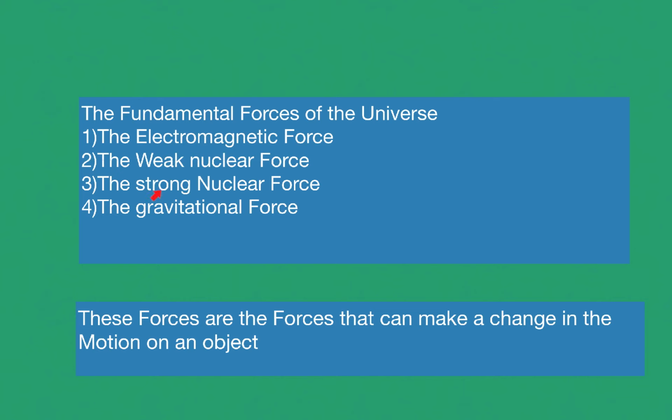And the other force is the strong nuclear force. The strong nuclear force is the force that maintains protons and neutrons in the nucleus without any repulsion. Proton and proton will have a force of electromagnetic repulsion. So the strong nuclear force will maintain the protons and the neutrons together inside the nucleus of the atom, even if they have repulsive electromagnetic interaction.